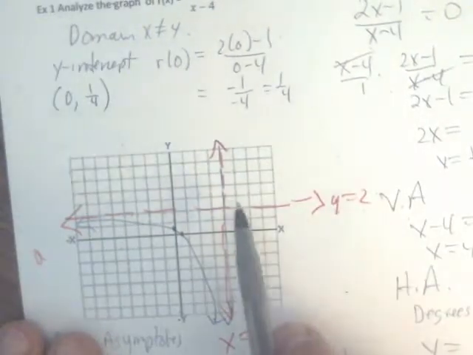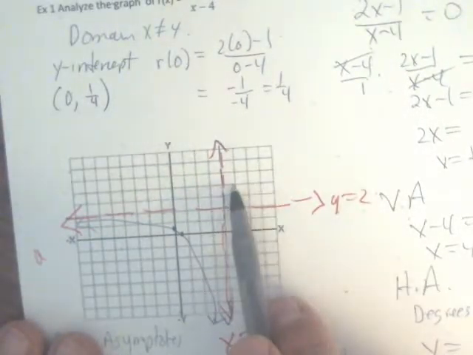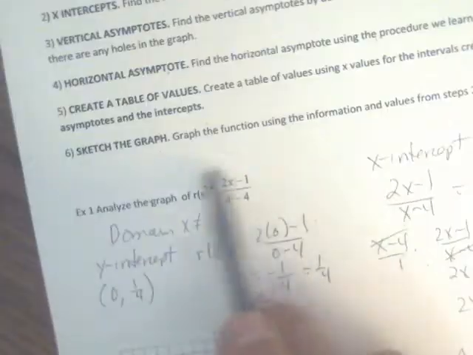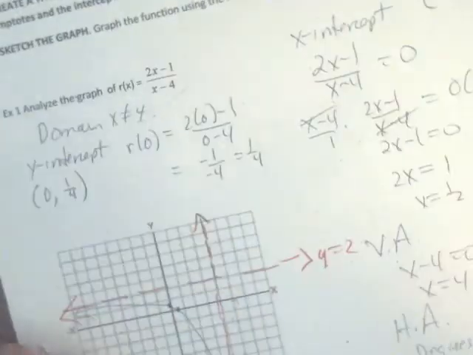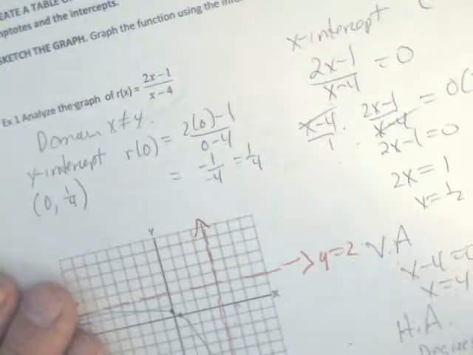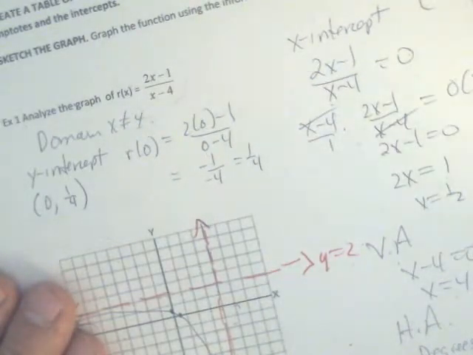But I need to know what's going on the other side of this vertical line, so I choose x is 5, and substitute into the equation to find y. So r of 5, and again, all I care about is above or below the horizontal asymptote. This is 10 minus 1, which is 9, over 1, which is 9. And so this is above the horizontal.